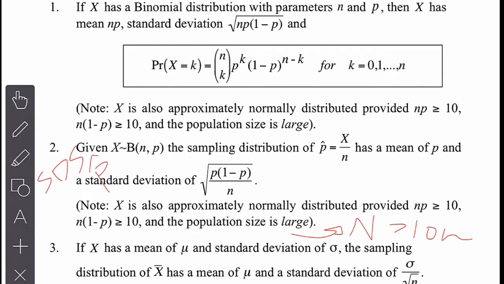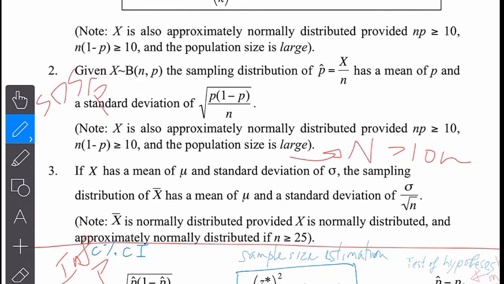So I know the parameters. For 3, I know the parameters to be able to talk about the sampling distribution of the sample mean. The parameters I know are mu and sigma. So you see, from 1 to 3, I know the parameters. There's no inference in 1, 2, and 3. I know the parameters, and I use them to make predictions of what to expect in a sample result.